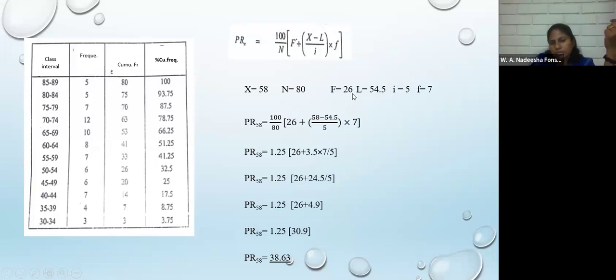F is the cumulative frequency of the class lower than the considered class. The considered class is 55 to 59, so the lower class is this one, and its cumulative frequency is 26. L is the real lower limit of the considered class, that is 54.5. i is 5 and f is 7.